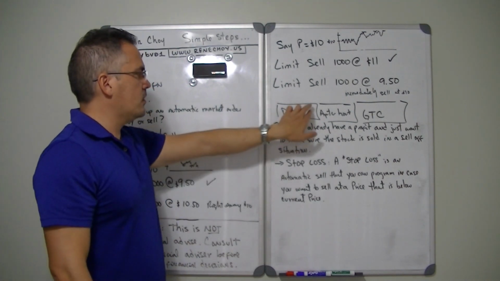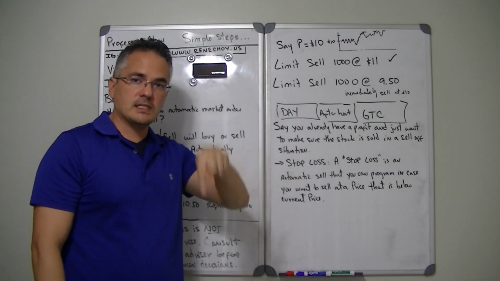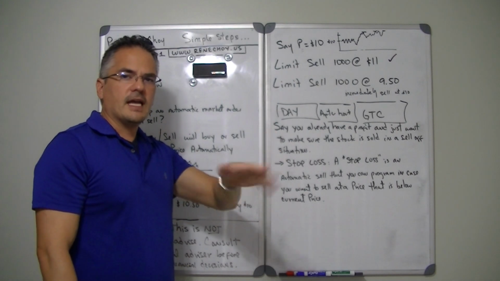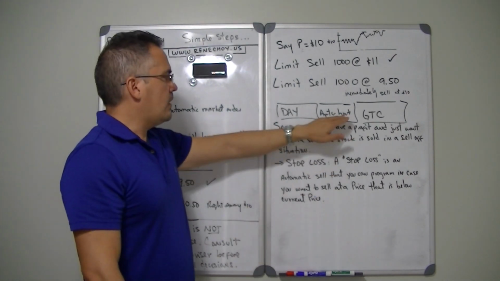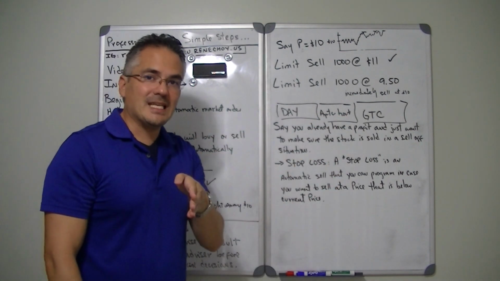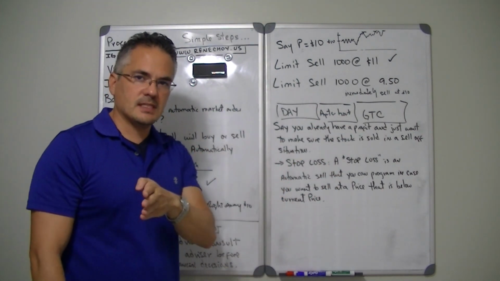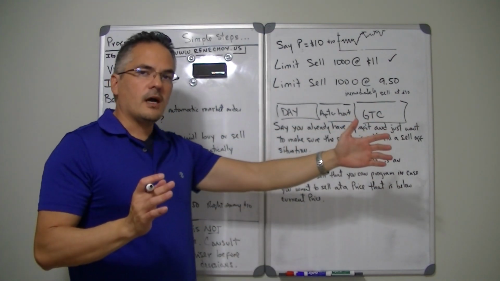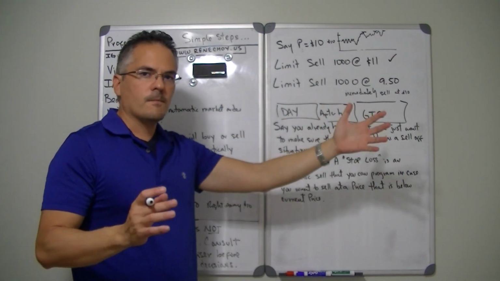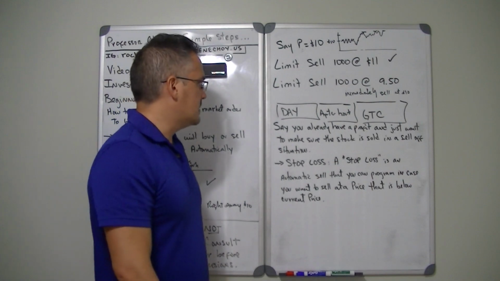So you could put the order for the day only, so it only executes today, and then the order cancels itself after the trading day is over. Or you could put it to go on extended hours, so basically the day plus extended. Or you could put GTC, which basically means the order stays there until it cancels itself out.